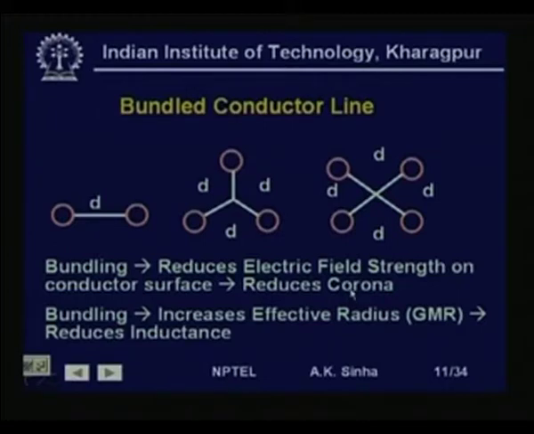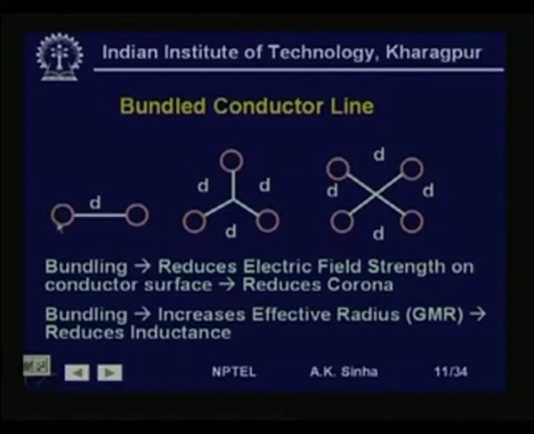Now, how does this happen? If we use a conductor with a radius r, then its cross sectional area will be pi r square. If we take two conductors with the same total cross sectional area, then the radius of each is not going to be r by 2, it is going to be r by root 2.